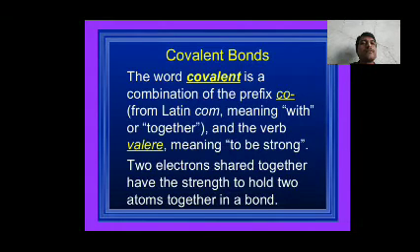Two electrons shared together have the strength to hold two atoms together in a bond.